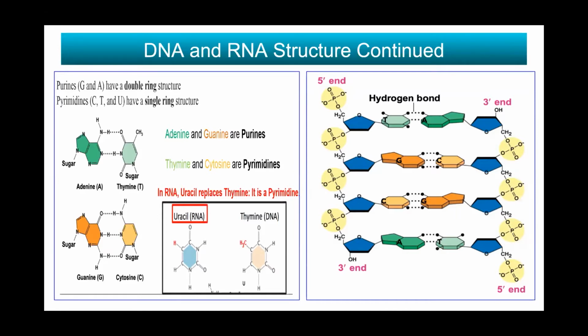Every time you have an A, it always hydrogen bonds to a T, and every time you have a C, it hydrogen bonds to a G, and just like that, the DNA is formed. It's always like this.